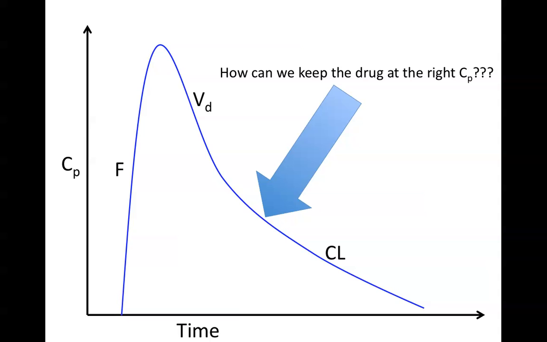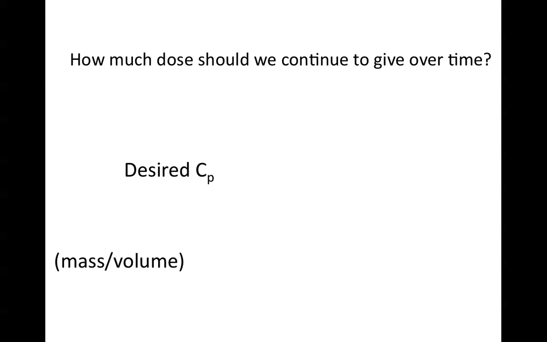Now, how do we make sure we keep the drug at the right plasma concentration? That is, the drug is going to be distributed and eliminated from the body, so how do we make sure that the plasma concentration stays in the therapeutic window over time? So you know a desired plasma concentration. And how much dose should we continue to give over time? That's amount of dose over time.